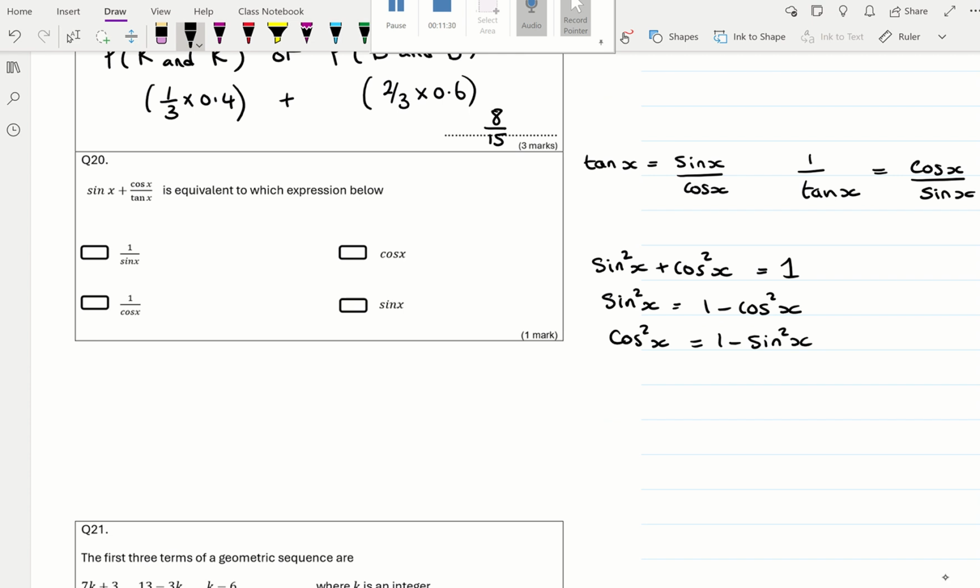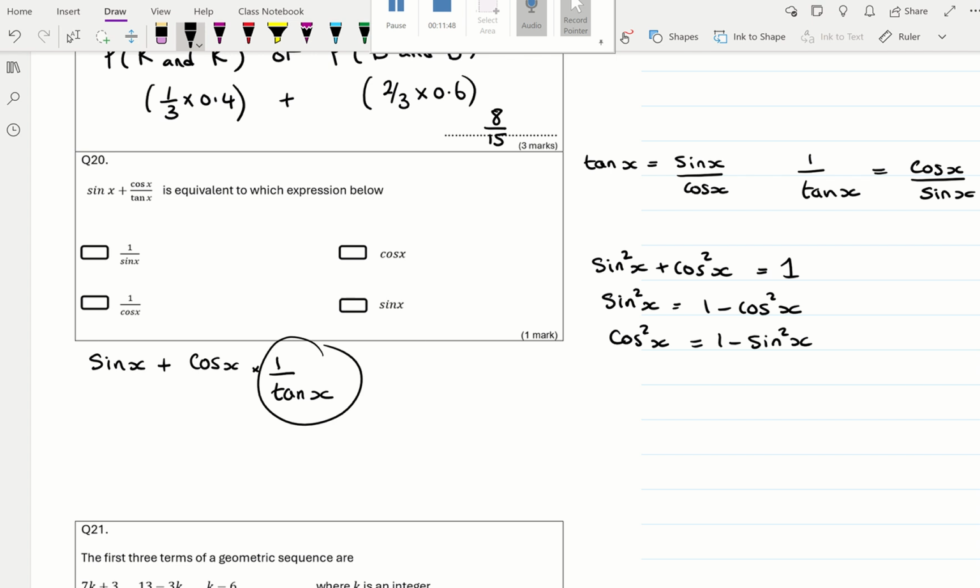So sine x plus, let's break this down. This is the same as saying cos x times 1 over tan x. That gives us cos x divided by tan x.